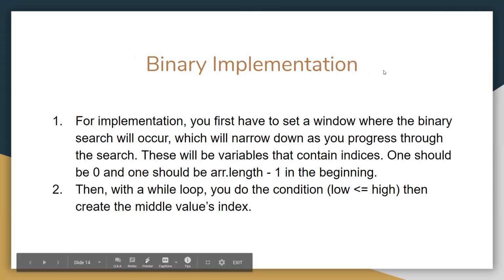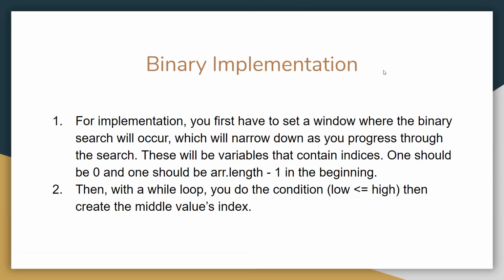Implementation. This is a worded version of how to implement it. It's not the actual code, of course, but it's step by step how you get there. For implementation, you first have to set a window where the binary search will occur, which will narrow down as you progress through the search.